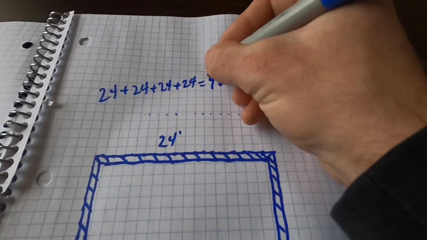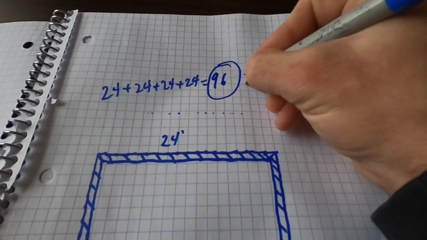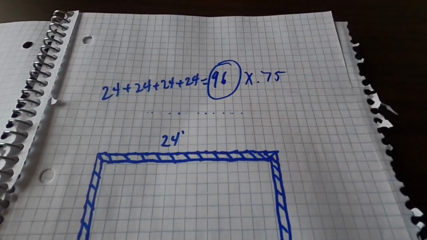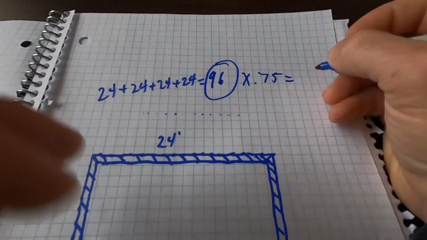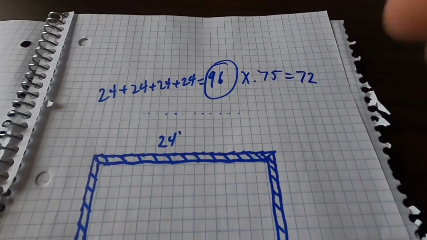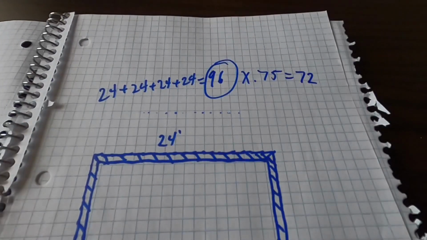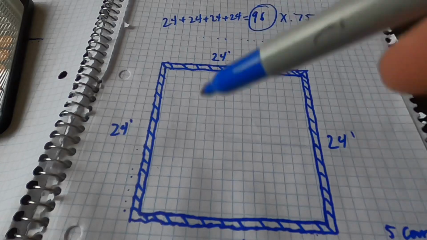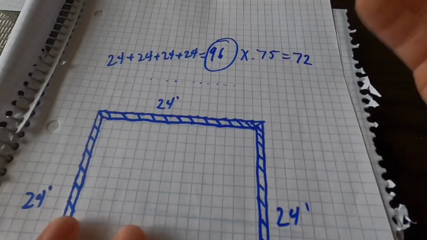That's your lineal feet. All you do is times that by 0.75, and that equals 72. So in one single course in your foundation, there are 72 block.